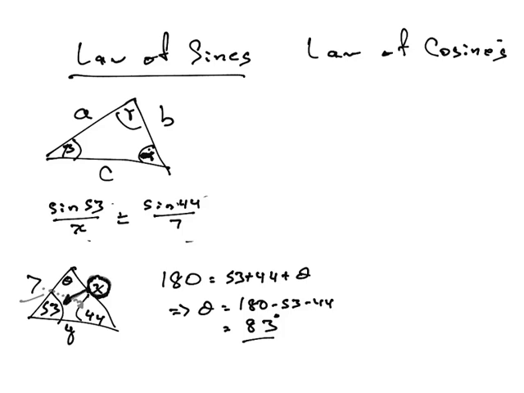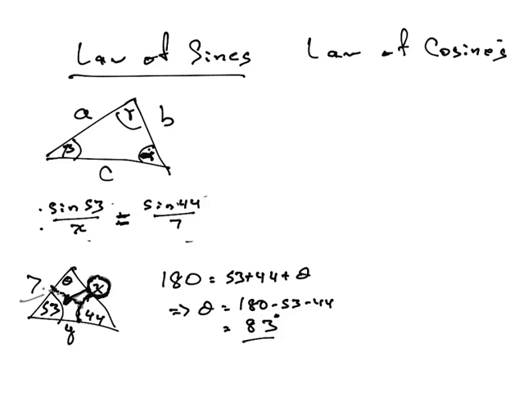X's angle is over here. That's the 53. So sine of 53 over x. The other side of the equation is just I need one whole set of information. It doesn't matter which side I'm looking at. Well, the only one I have for sure is the 44 angle, and the side with the 44 is the 7. So there it is, sine 44 over 7.